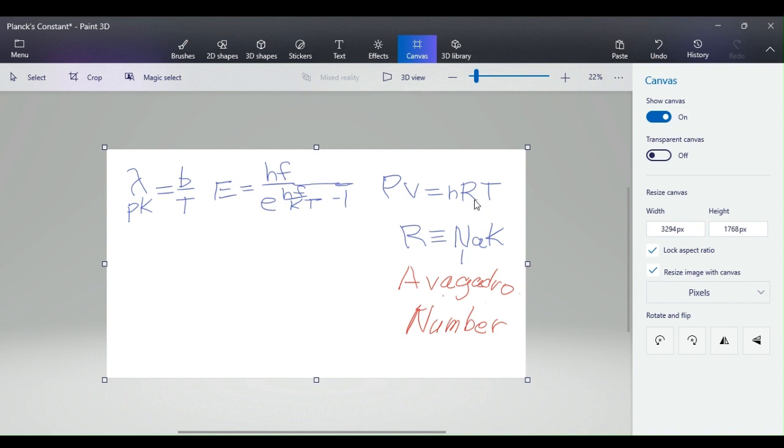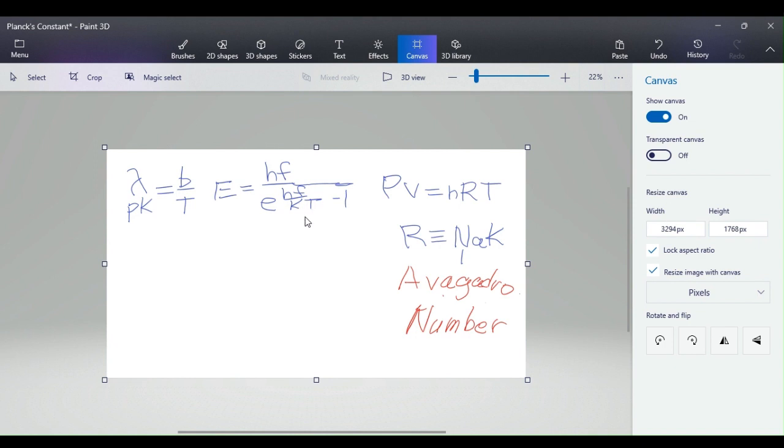This was something that was arrived at fairly early. Now, if we take that R and define it as Avogadro's number, which is the number of atoms in a mole, and multiply that times k, that gives us the constant that fits in here.